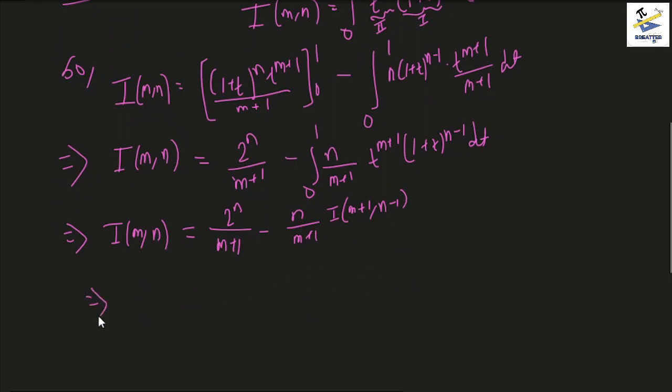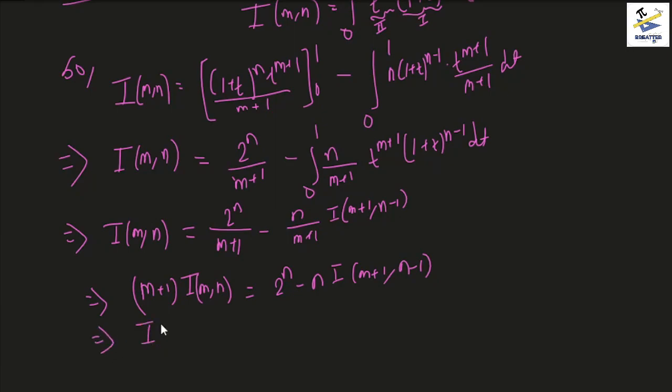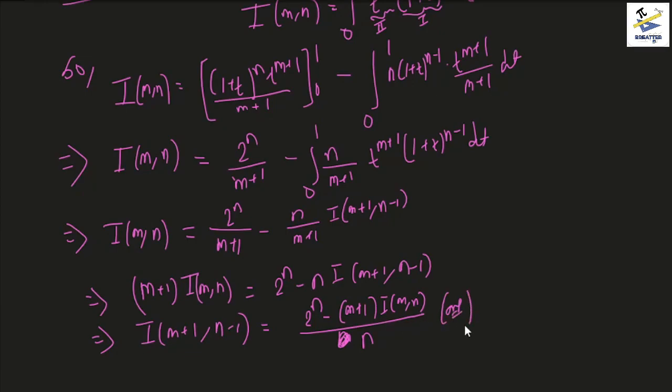We multiply both sides by m plus 1 to get (m plus 1) I(m, n) equals 2 to the power n minus n into I(m plus 1, n minus 1), and we solve for I(m plus 1, n minus 1) to get 2 to the power n minus (m plus 1) I(m, n), divided by n. So this is our required answer.